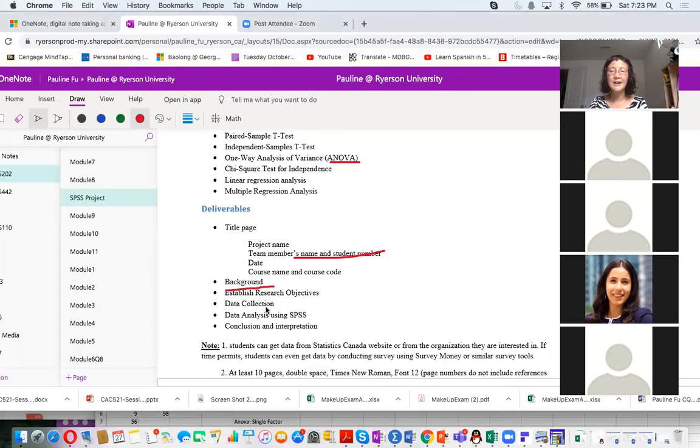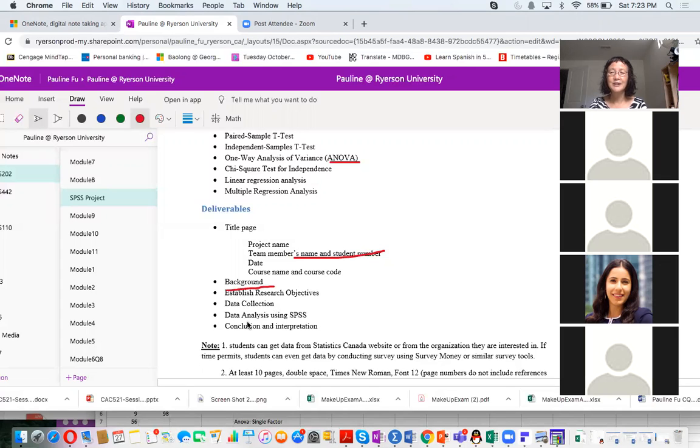And then data collection. Tell me, how did you get the data? Did you get the data from Statistics Canada? Or did you go to the website and take the flyer to see the price? For the project purpose, you are allowed to make up data because the focus is on data analysis.